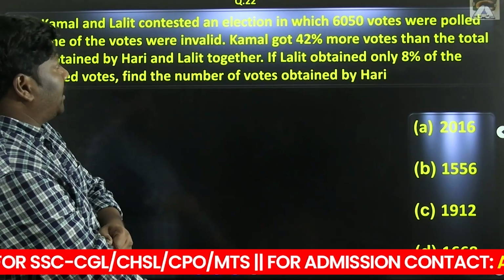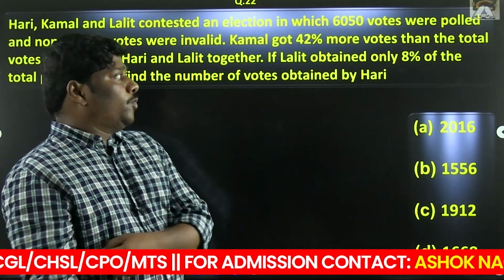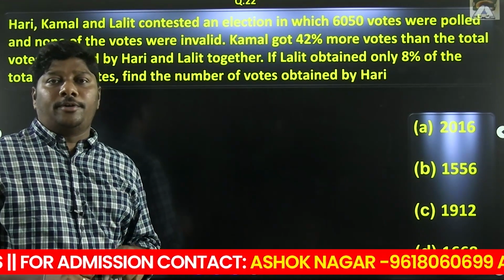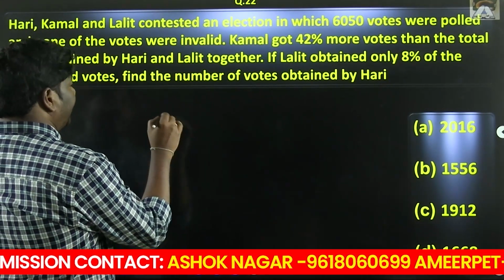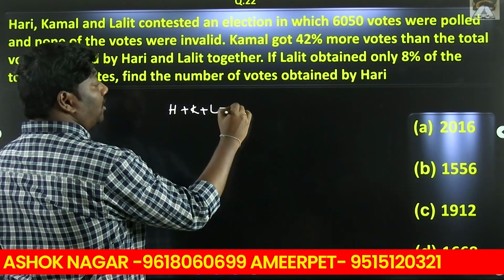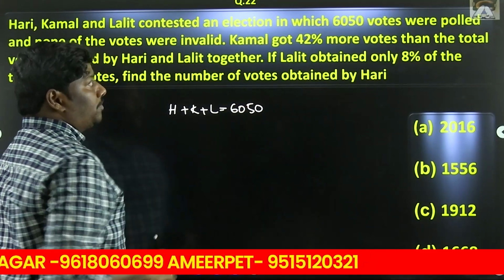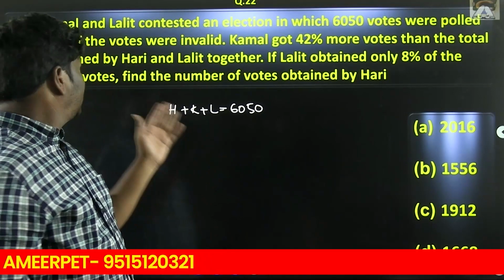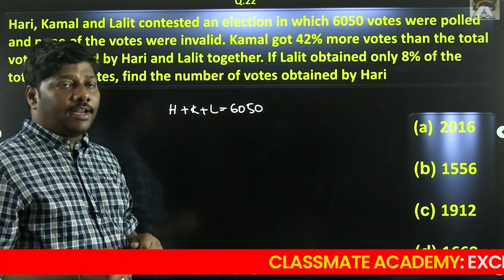Hari, Kamal and Lalit contest an election in which 6050 votes were polled and none of the votes were invalid. So there are no invalid votes. All of them are valid votes, and we know clearly Hari, Kamal and Lalit put together got 6050. Kamal got 42% more votes than the total votes obtained by Hari and Lalit.